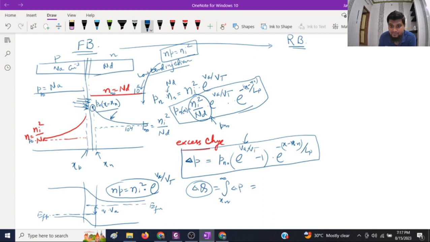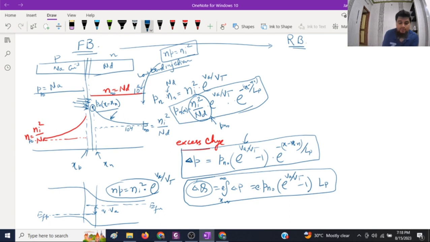So that will be Pn0 e into (e^(V/Vt) minus 1), taken out of the integral, and the integral of the remaining part you will find as Lp. So this is the total charge over there.